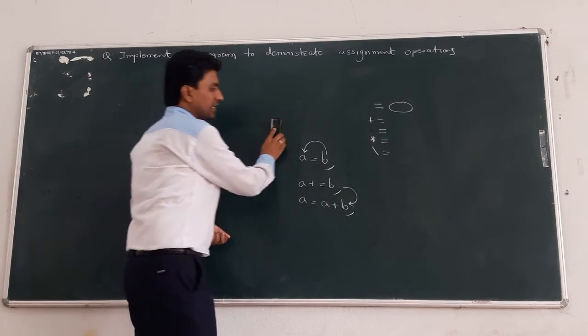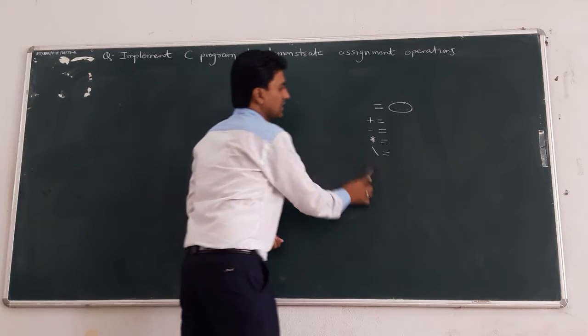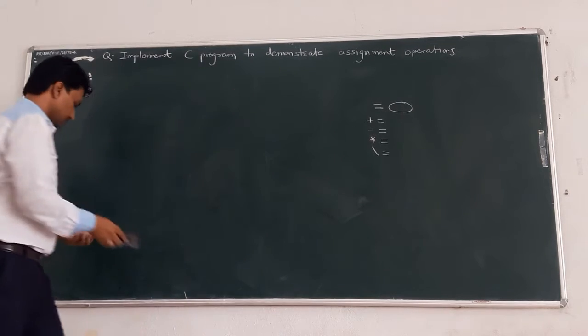So we will take one example on the basis of this assignment operator. Start the program from #include stdio.h. Include the stdio.h header file because the definitions of printf and scanf functions are stored in the stdio.h header file.